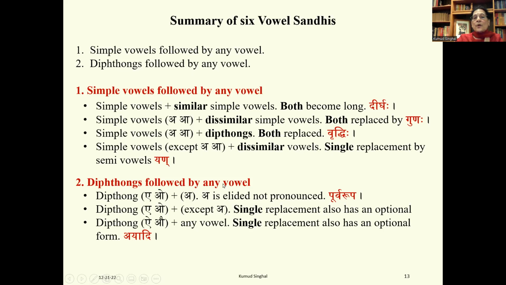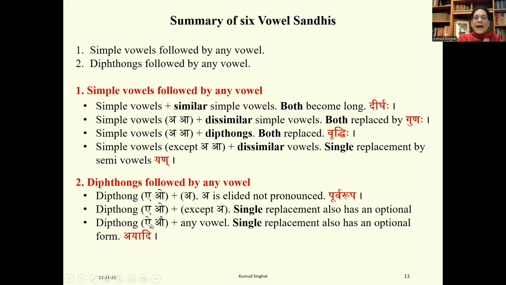Then diphthongs followed by any vowel. Here you have three cases. When diphthong e or o is followed by a, then a is elided and is not pronounced. So this is called Purva Rupa Sandhi. And then diphthong e or o followed by any vowel except a, there is a single replacement, and it also has an optional form.